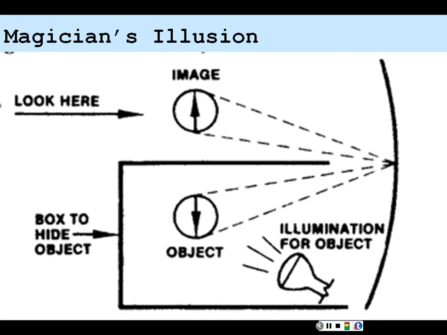And as far as you know, that could be the object right there. If the resolution is good, you would see a real image, and it would appear to you like the object was actually there. So if you wanted to make this thing disappear, you could have somebody else just move in on this object and cover it up so that the light never makes it to this mirror over here, and all of a sudden your image will disappear.